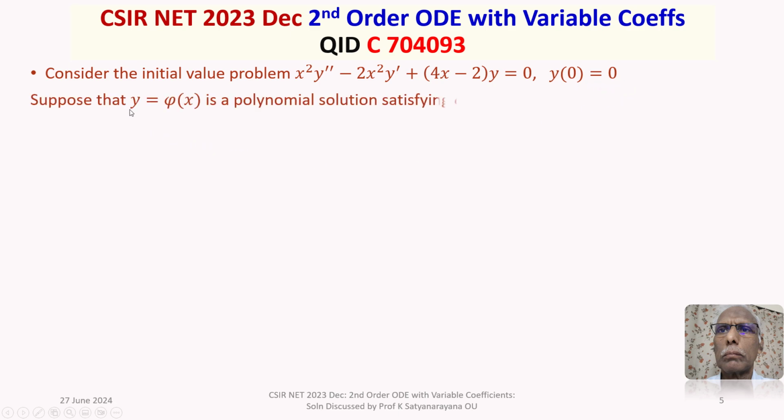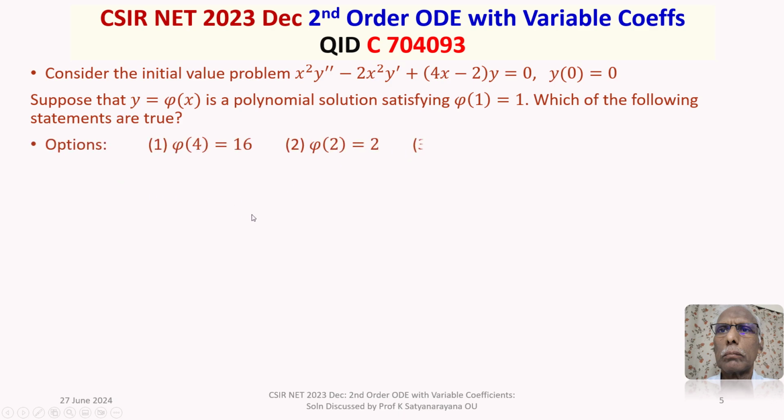Suppose that y is equal to phi of x is a polynomial solution satisfying phi at 1 is equal to 1, then which of the following statements are true? We are given 4 options. Option 1, option 2, option 3, option 4. Let's now discuss the solution of the problem in detail.